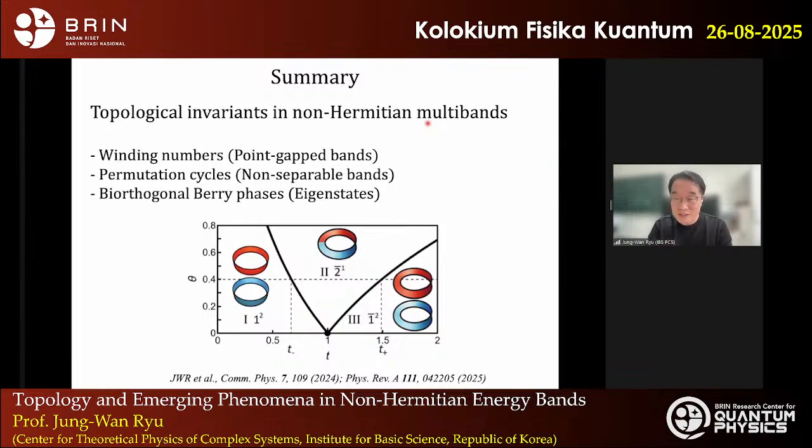So combining these 3 different topological invariants, we can understand the topological structure of our non-Hermitian multiband system. I think understanding this kind of topological structure of non-Hermitian bands is the starting point to understand more complicated non-Hermitian systems. Okay, thank you.